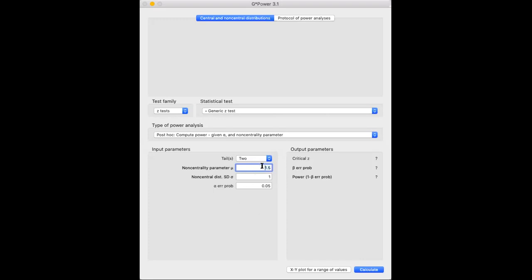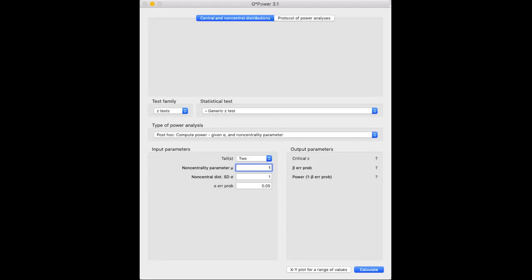Okay, so let's say we start with a mu of 1, right? Just think of it this way, in terms of z value, the population that we're testing, the average is 1 z-score away from 0.